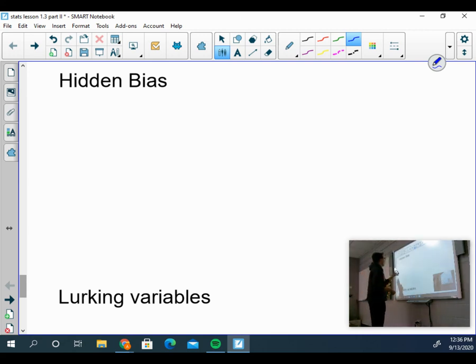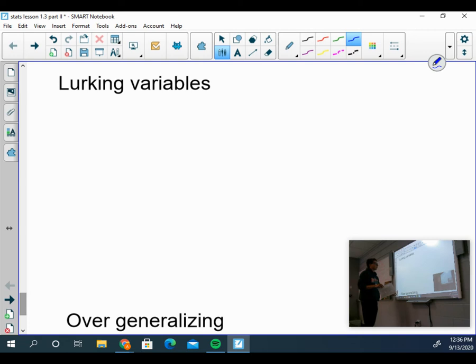And so because the law enforcement officer has the power to punish you, the uniform in and of itself is already going to bias your responses. It's not a spoken bias, it is a hidden bias, okay?